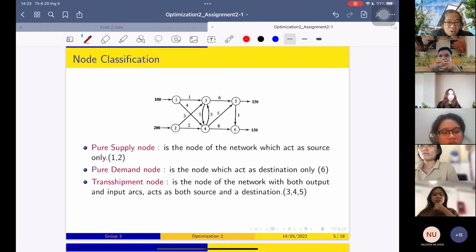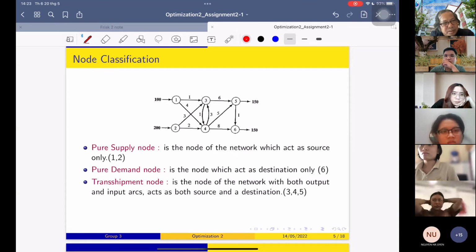Bài toán vận tải đây là B1 bằng 100, B2 bằng 200, B5 bằng trừ 150, B6 bằng trừ 150, còn B3 bằng 0, B4 bằng 0. Trên mấy cung này, cái số trên mấy cung này là cái cost, đúng chưa? Thì nó khác bài toán vận tải chỗ nào? Nó mở rộng chỗ nào?